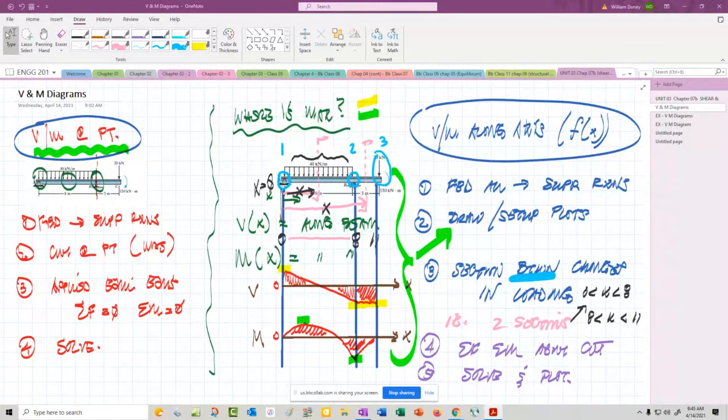So it's really between the loadings, between any discontinuities, changes in the loading. So it starts over here, it changes here, and then it goes on a little further, and then it changes again here, and then it changes again here. So we really end up having 2 sections that we're going to work with.